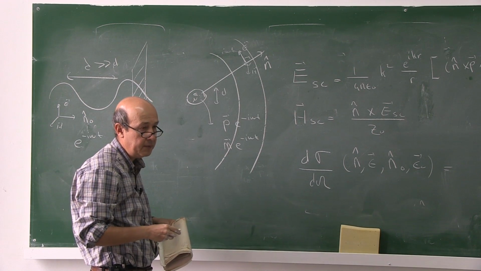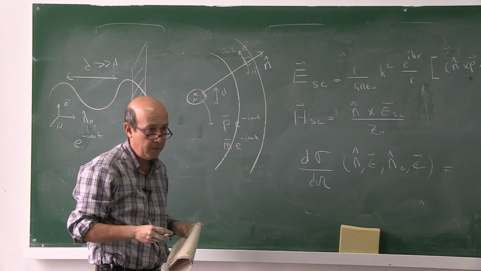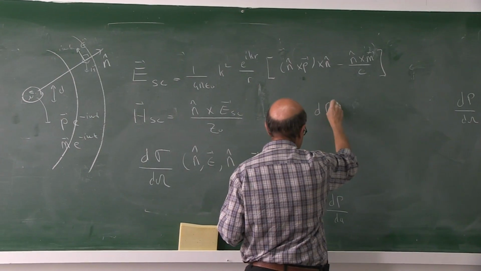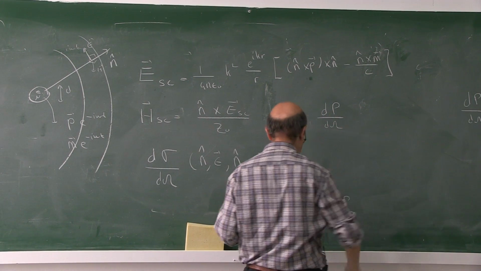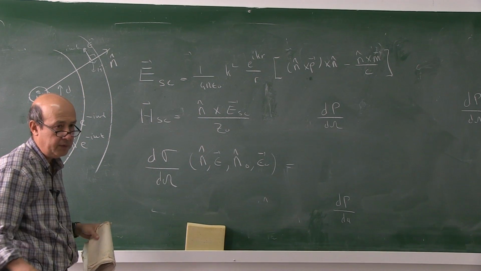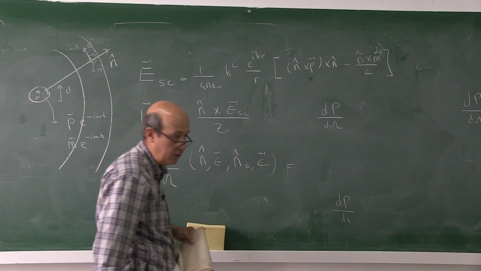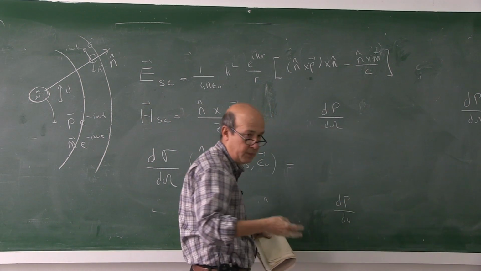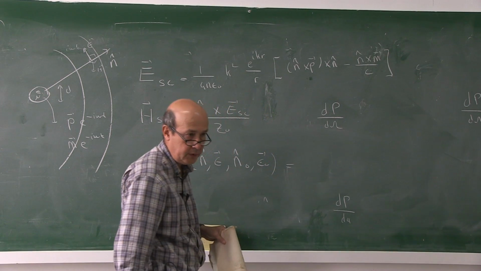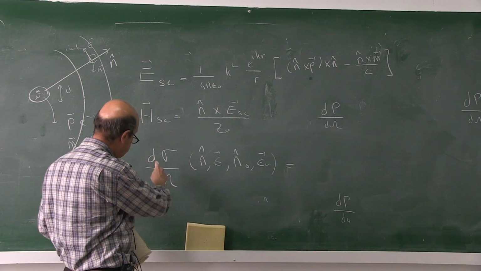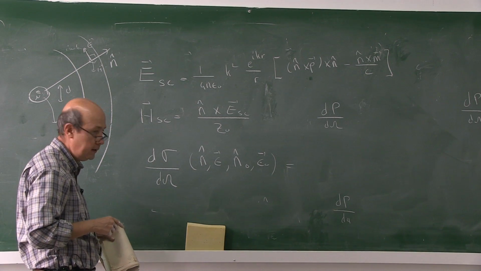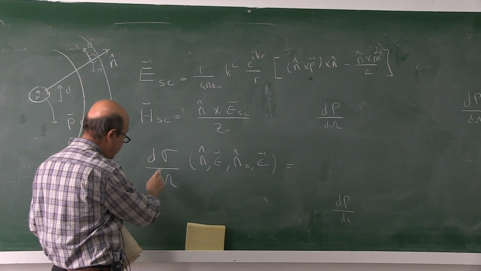Then you have power per solid angle. So if you take the ratio of this, what is the unit of the ratio? Power and power, energy rate. And this goes up as area, this goes down as solid angle. So basically, the definition of the scattering cross section per solid angle is nothing but area per solid angle.